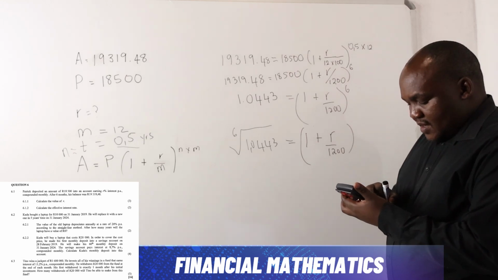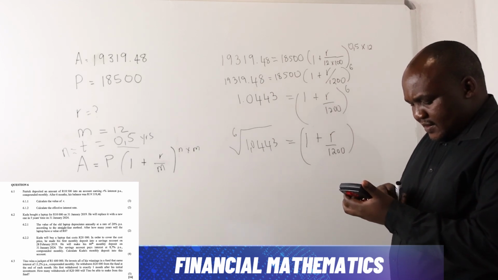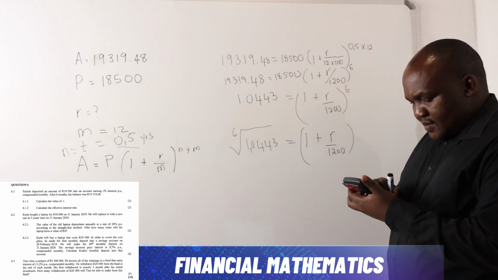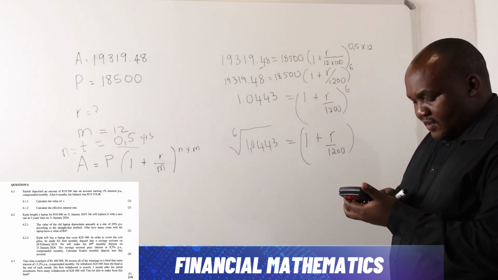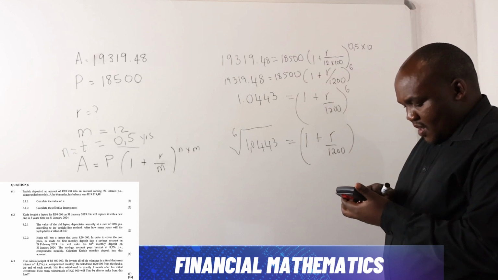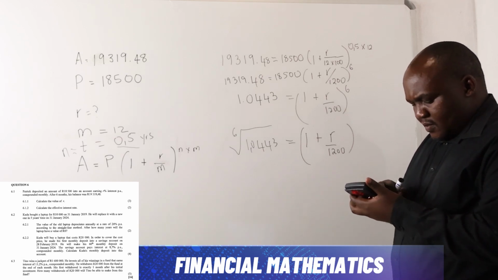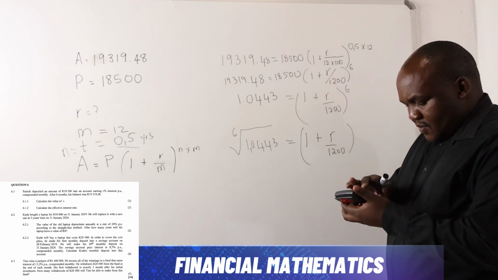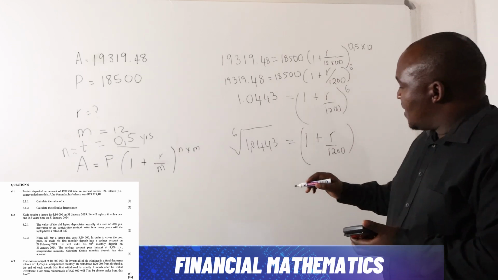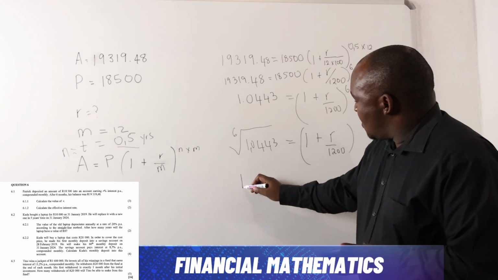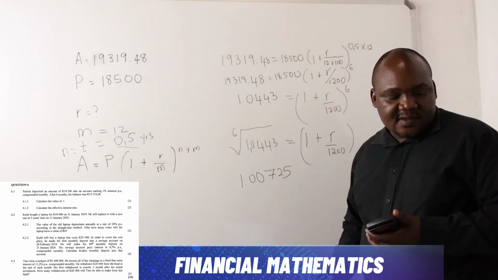Now you can calculate this: 1.0443 to the power 1 over 6, you get 1.00725.